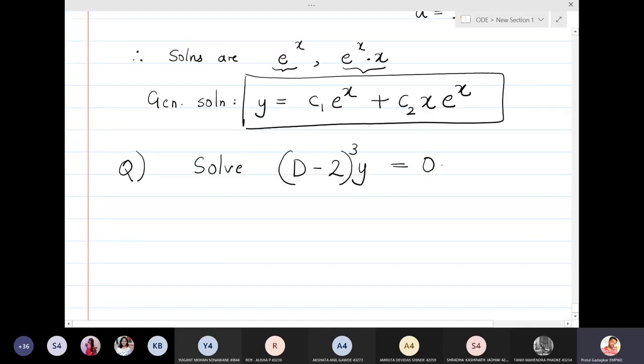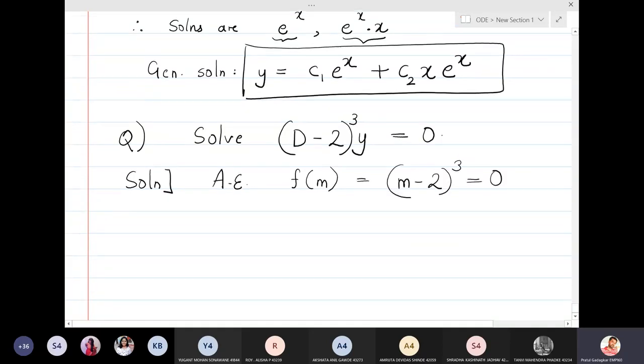What is the solution of this particular differential equation? Clearly the auxiliary equation is F(m) equals (m minus 2) cubed equal to 0. So this has 3 roots. The 3 roots are m equal to 2, 2 and 2. So real and repeated.